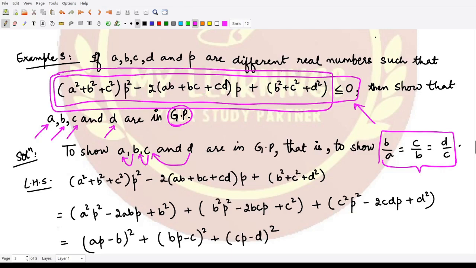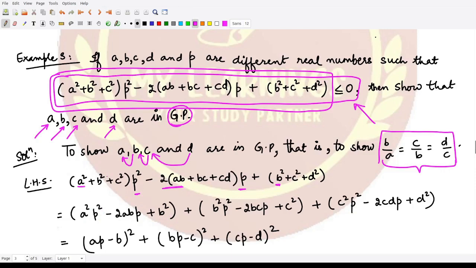When you take the left hand side, you have this expression. Now, can you see a pattern here? You have A square P square, minus 2ABP, and B square. These are the terms which include A, B and P, so let's separate them out. On separating them, we have A square P square minus 2ABP plus B square.